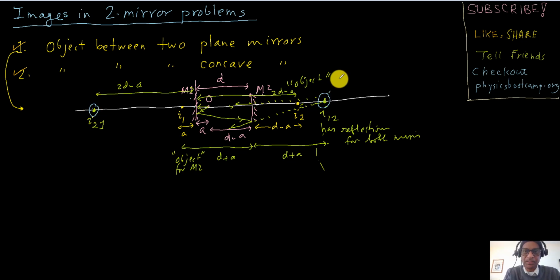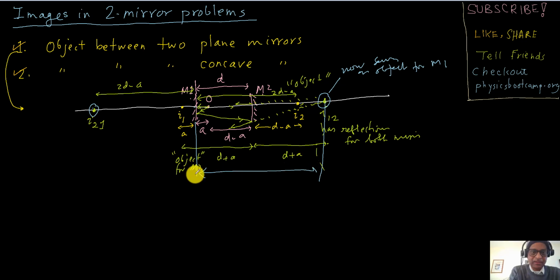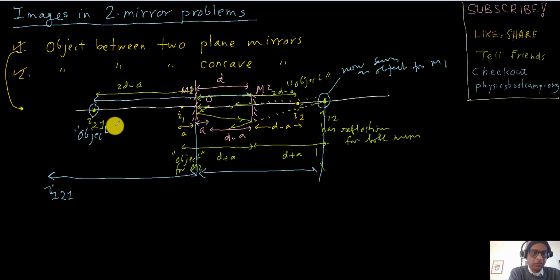So this image now serves as the object for M1, and so there will be that distance, and that distance further there will be an image, first in 1, then 2, then in 1, and this will serve as an object for M2.